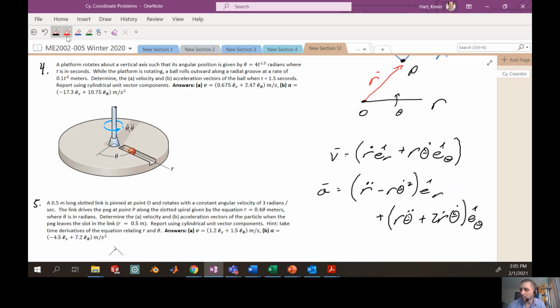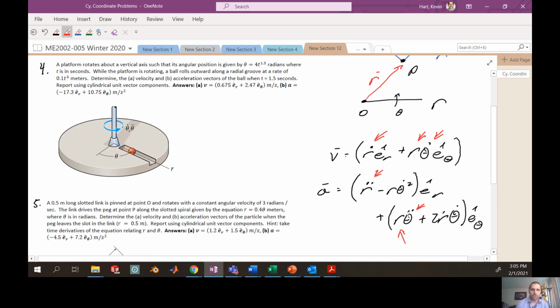But the point is, when we're looking at homework problems that deal with cylindrical coordinates, like number 4 and number 5 that you have on your assignment, you ultimately want to get to somewhere where you have these terms: r dot, theta dot, r double dot, theta double dot, r, and sometimes theta, depending.